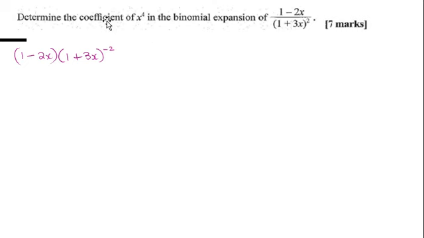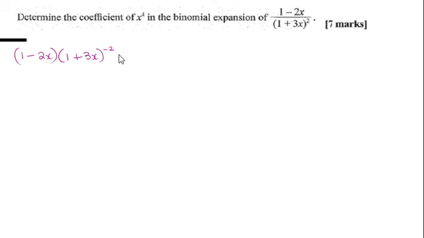Good. What about the negative 2x? What would the negative 2x have to multiply from this expansion to get an x to the 4 term? I'm hoping you're saying an x cube term. And you'd be correct, right? Because this is an x, and the only way to get the x to the 4 is that it must be multiplying x cubed, right?